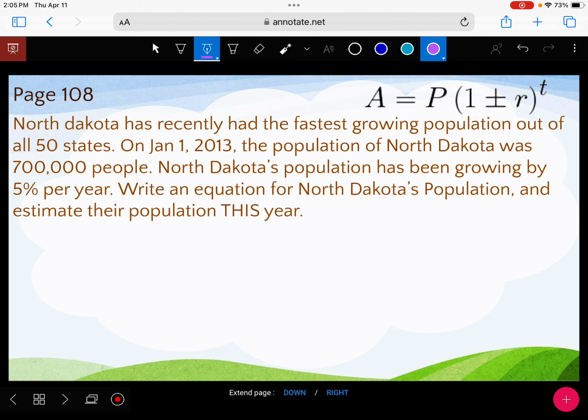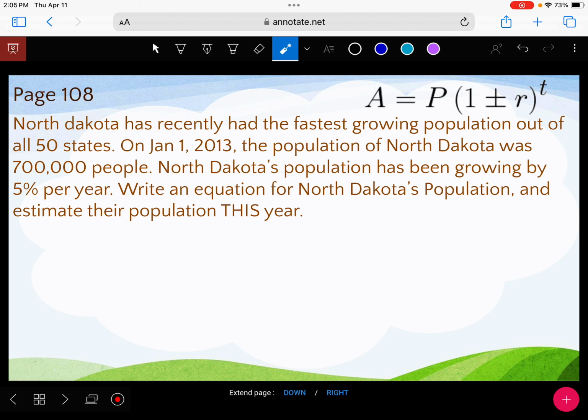So we are going to start talking about exponential growth. And I am going to want you to write this at the top of page 108. It is not written there, but you're going to want to have this formula, because this is going to be how we start looking at these functions and these rules. This is going to have quite a few story problems.